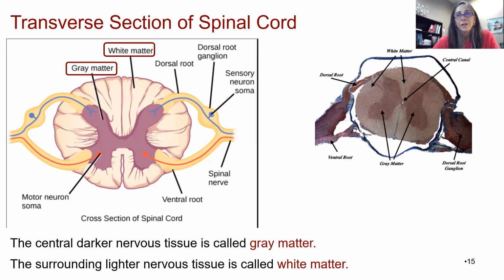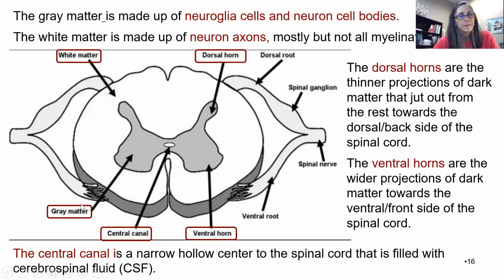Any action that needs to be taken will be emitted through the anterior horn or anterior side. It's the same thing again, dorsal horns projecting back, ventral horns projecting forward, okay? And then, of course, cerebrospinal fluid.